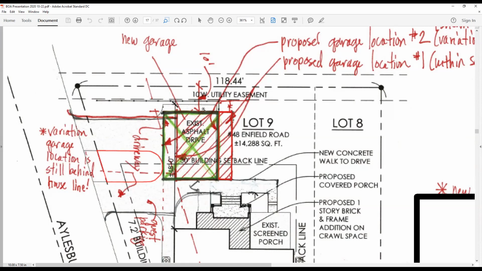I thought it was going to be variance first, and then we go back to the trustees. But I was in touch with one of the trustees today, and they haven't all gotten together and reviewed it, but they said they didn't have a concern with it. That was verbally given to me. I haven't got anything in writing from them, but I have in writing from my neighbors that they're all okay with this.